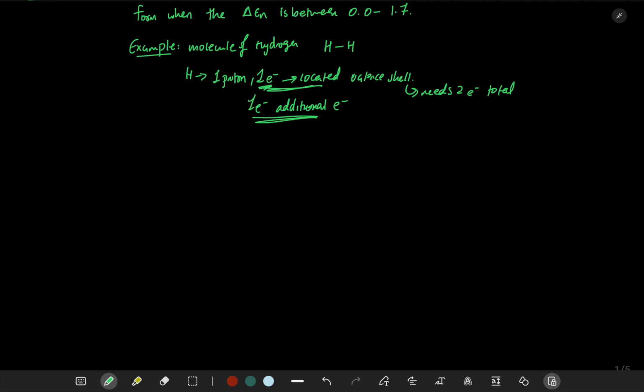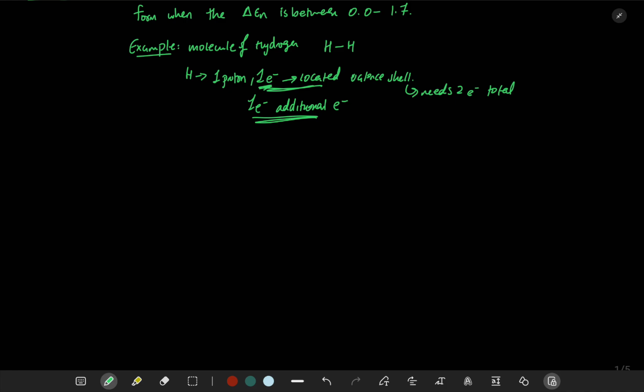But because both atoms are the same, which means that they have the same electronegativity, both nuclei will exert the same kind of pull on those electrons. And so because the attractive forces between the nuclei and the electron in the other atom are the same, the two atoms come together and each shares an electron with the other atom.